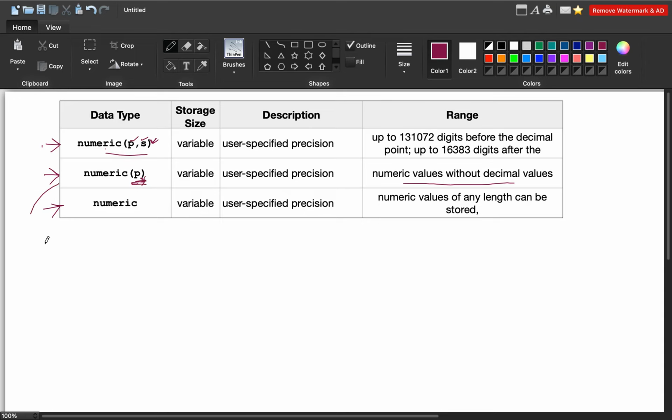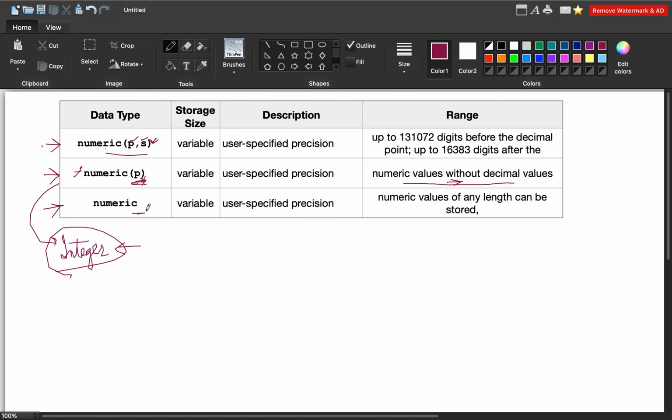So it will be just like an integer value, but it is not storing as an integer value. It is storing as numeric data type, but I am explaining it that way because it will not accept any value after the decimal.